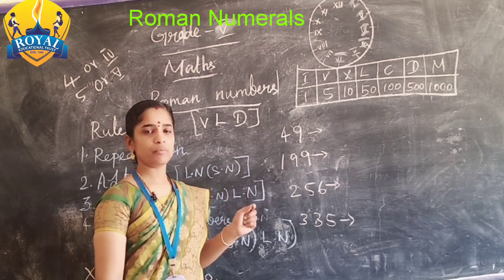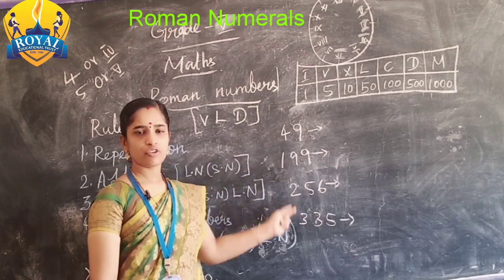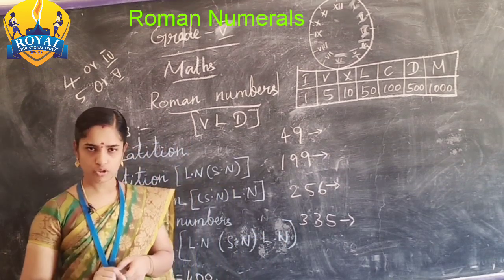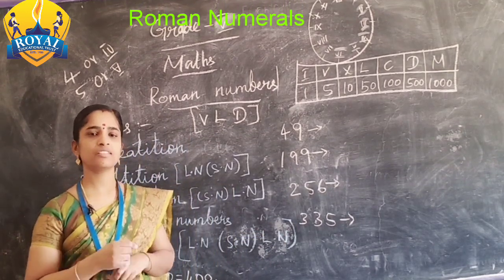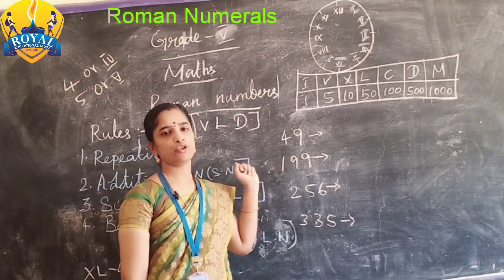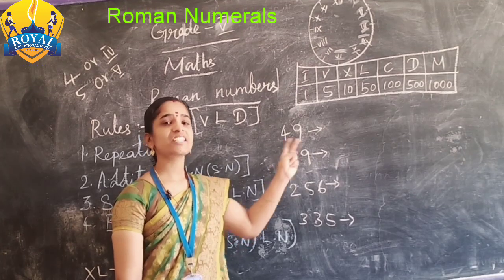The next one is: write the Roman number for each of the following Hindu-Arabic numbers. Any number in Roman numerals, we write in expanded form first.